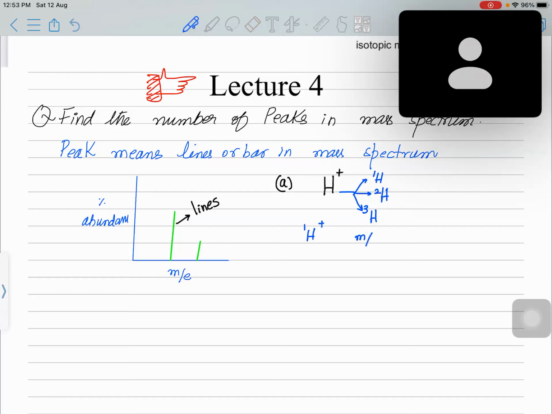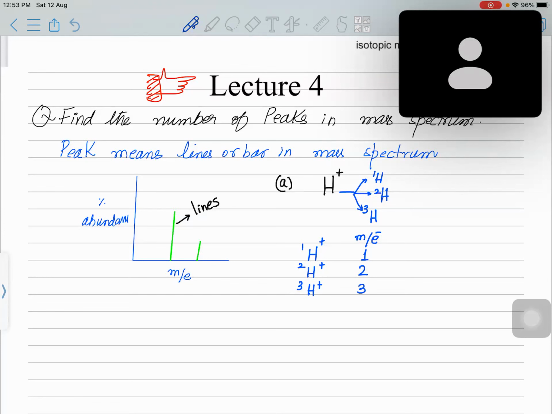For H1, mass over charge ratio is 1. For H2, mass over charge ratio is 2. For H3, mass over charge ratio is 3.